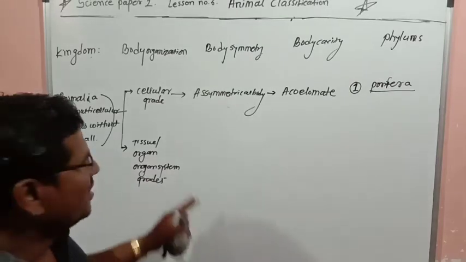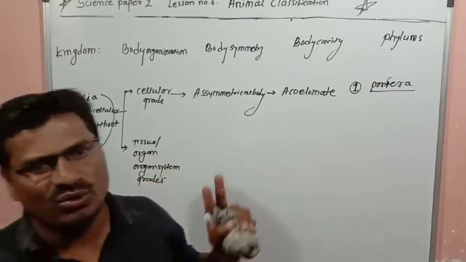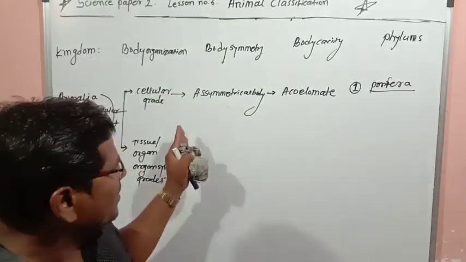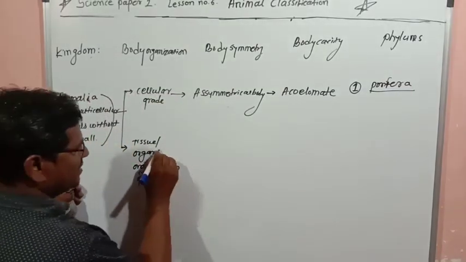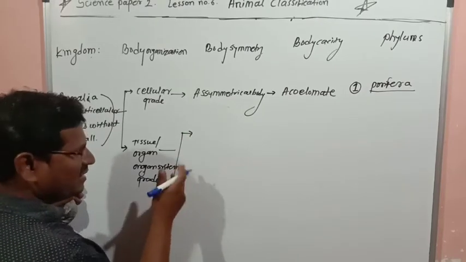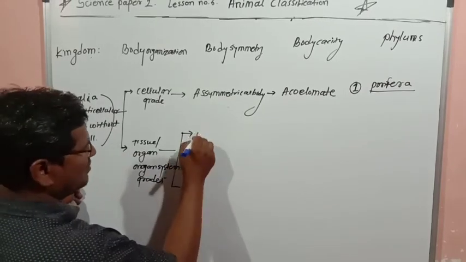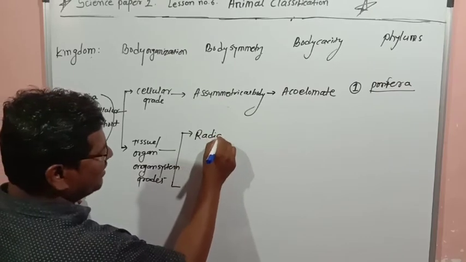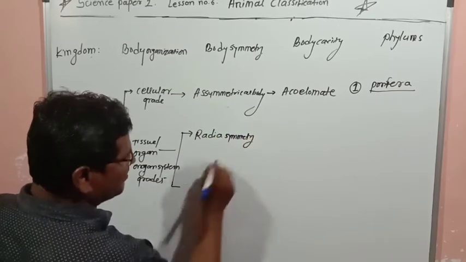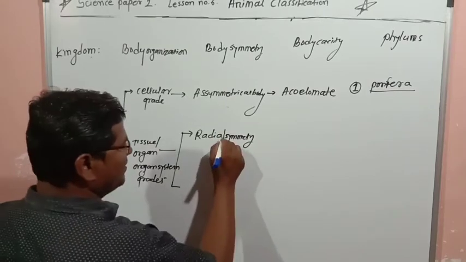Another is the tissue, organ, system grade of organization. In that, we study what type of symmetry there is. Here symmetrical body is there, and two types of symmetry. First is radial symmetry.